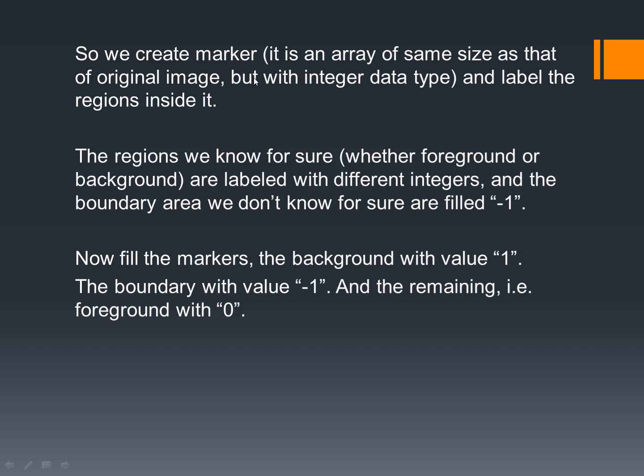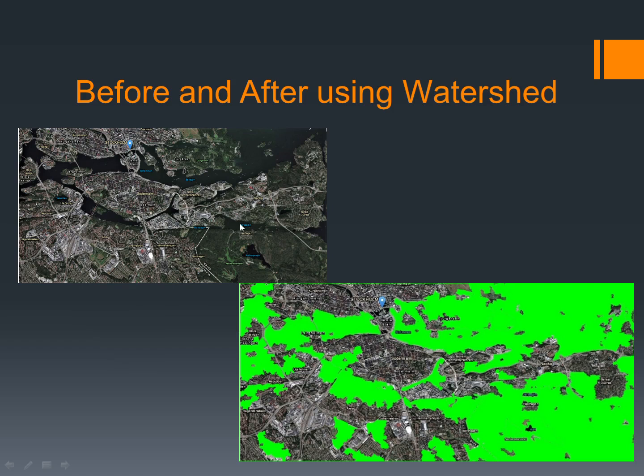Earlier the black background was value 0 and the white object was value 1. Now the markers have been changed into 1, -1, and 0. Here is the image after the watershed has been applied. Here is the output.